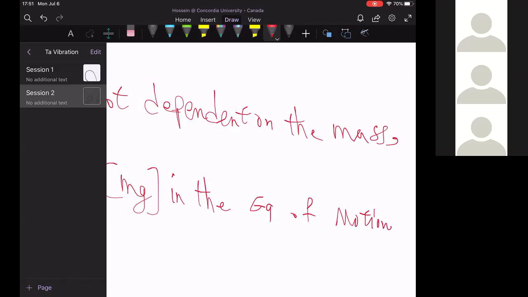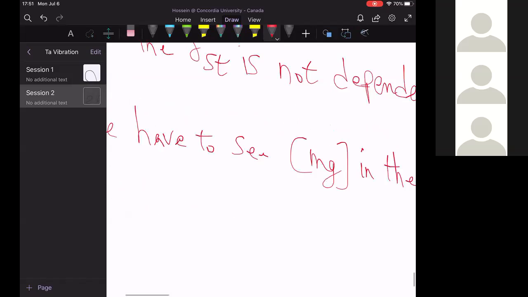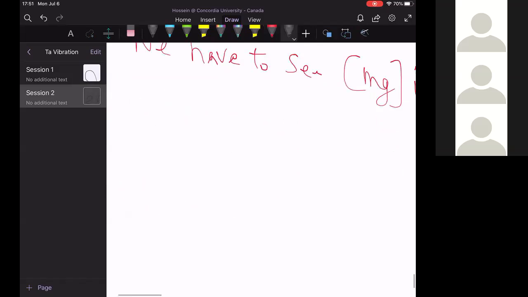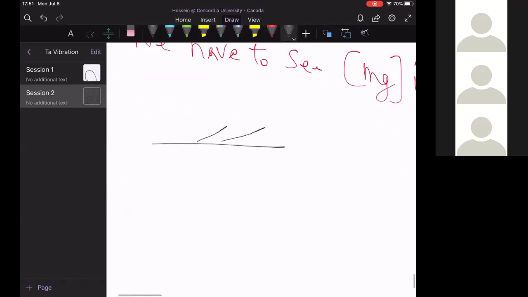For example, suppose we have a pendulum, right?